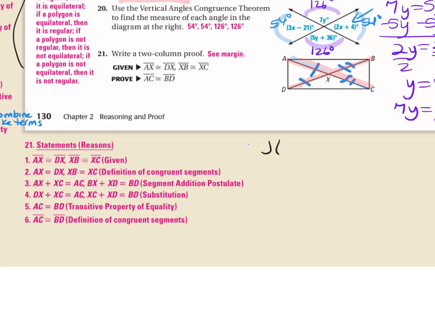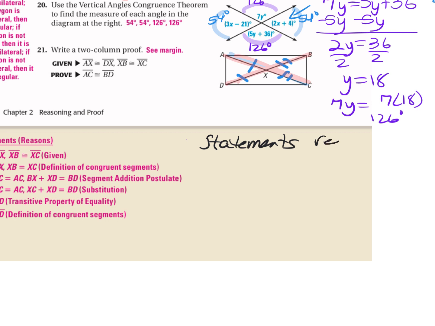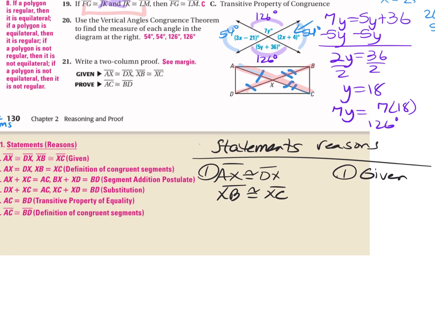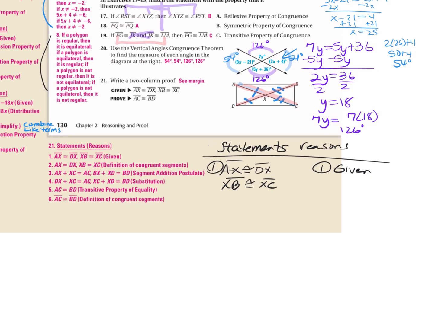So statements and reasons. So number 1, AX congruent to DX and XB congruent to XC. And that was given. Now, what I need to establish is I need to get the letters AC and BD into my proof. So I'm going to show how AC and BD are made up.